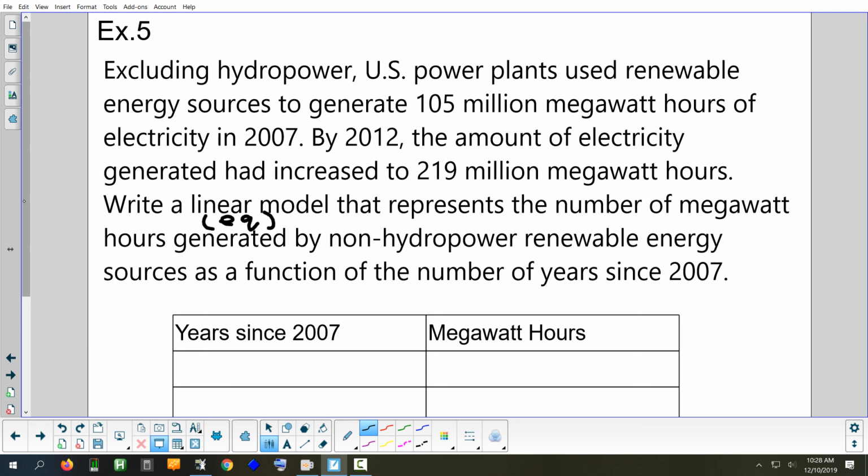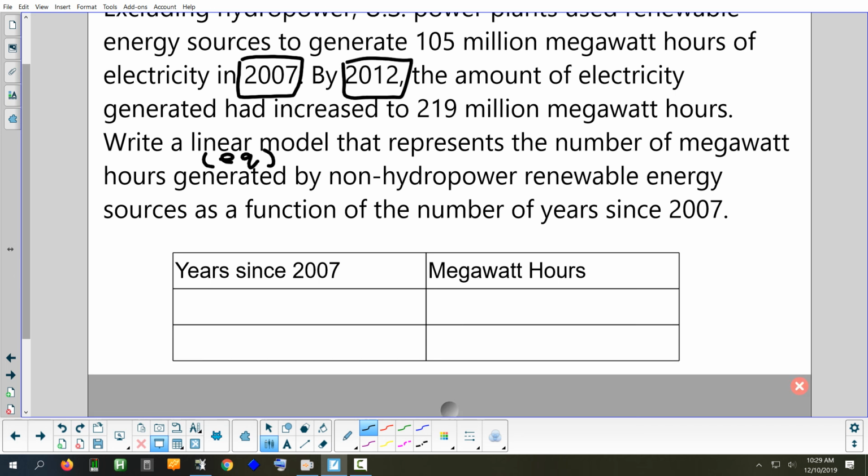What's the first year they mention? 2007. Now, in this table, it says years since 2007. What's the other year that they mention? 2012. Okay? So they mentioned 2007 and they mentioned 2012.